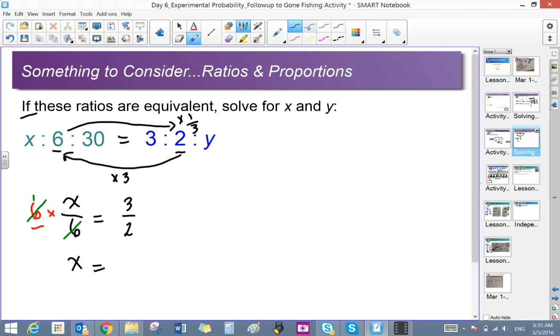What you do to one side, you do to the other, so multiply both sides by 6. That gives you 18 over 2, or also 2 will fit into 6 three times, and you're left with 3 times 3, which gives you a value of 9, which is the answer that we had previously.